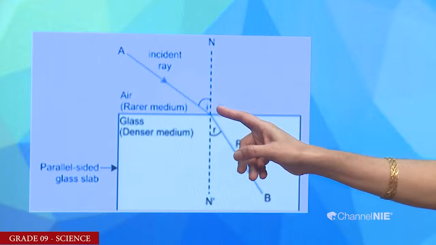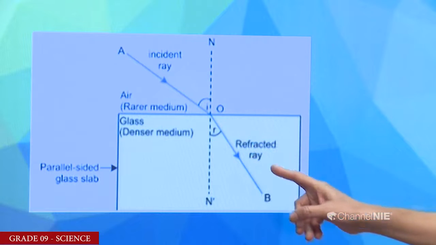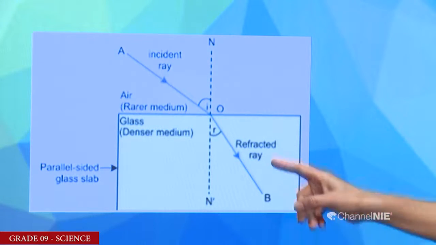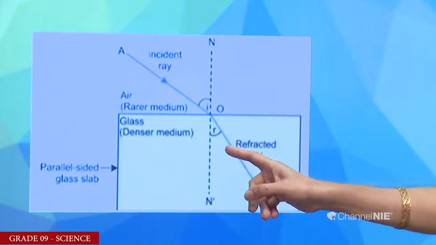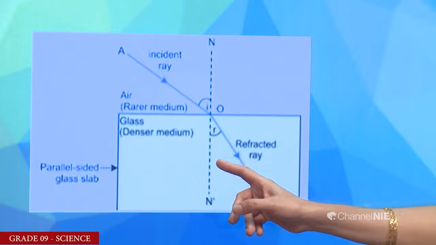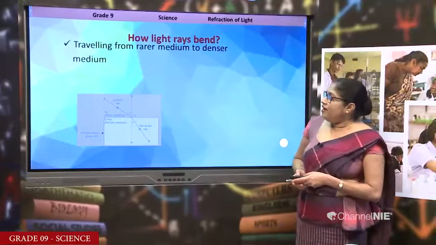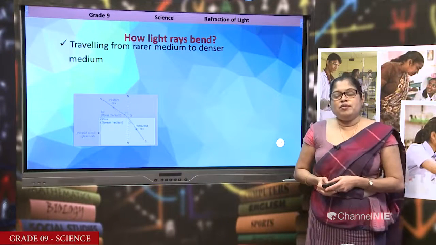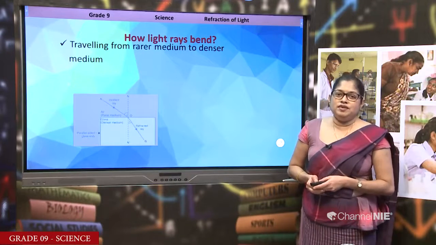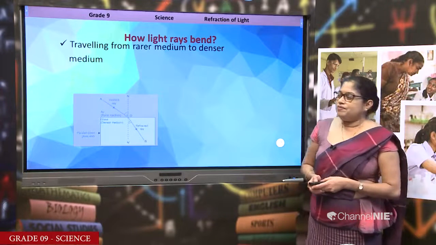Once it is refracted through the glass, you can see the refracted ray here. So, it is very clear that the refracted ray bends towards the normal. Whenever a light ray is travelling from rarer medium to denser medium, it bends towards the normal.